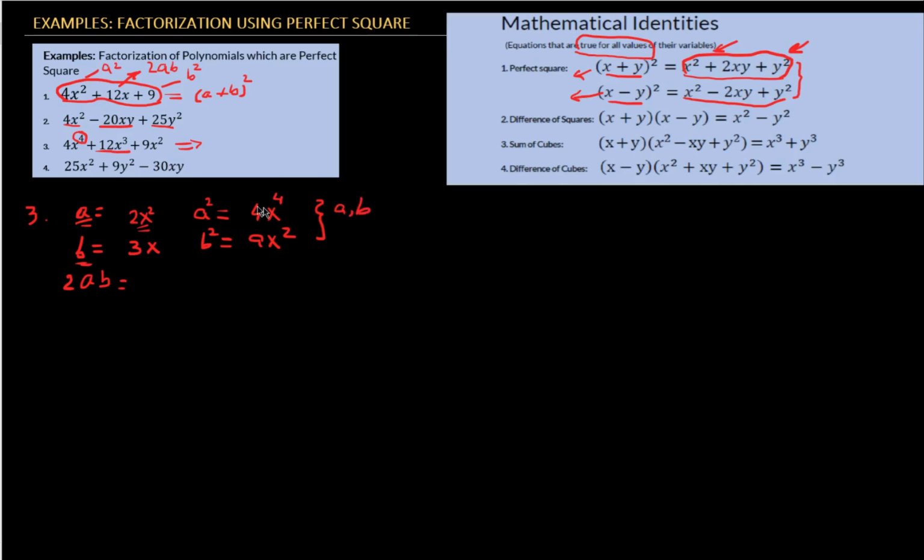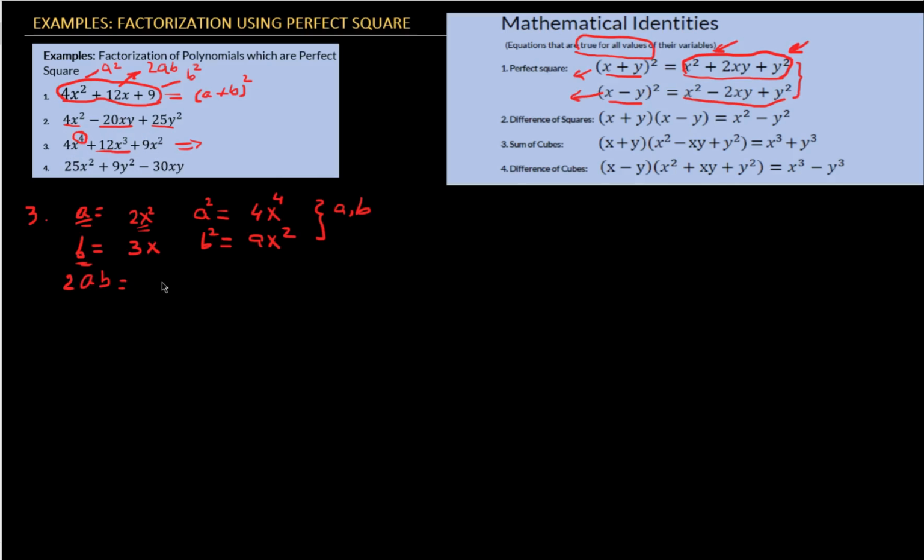It's good to use a and b so you don't get confused when solving these type of questions where there is only one variable. It looks like there is only x, but x doesn't matter. Still we can treat this as a perfect square. But the third term will decide.